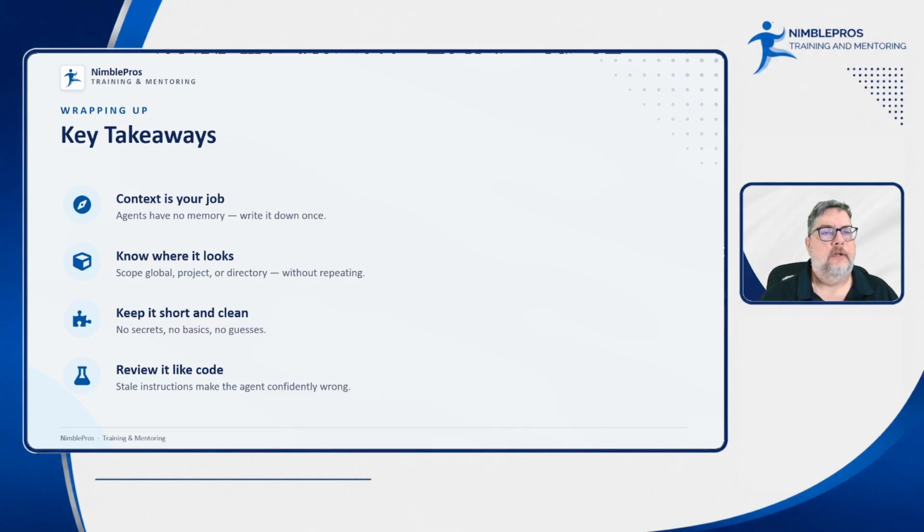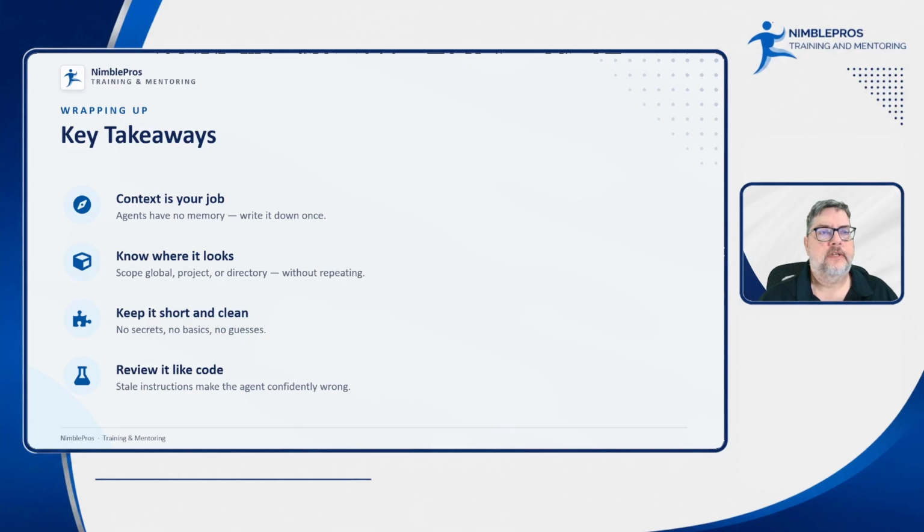Don't repeat yourself. Know what kind of content goes in which files. Your personal standards go in the global file. Your team standards go in the project level file. The things that are specific to a particular section of the code that aren't global to the project go in the various directory files. And you can get as detailed or as not detailed, but as separate as you want to be.